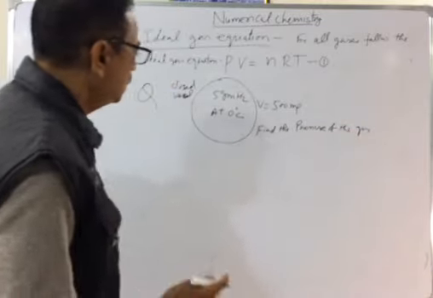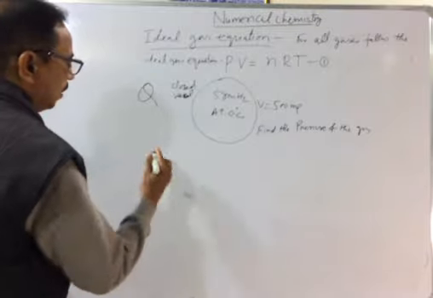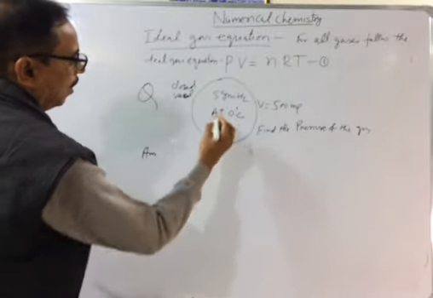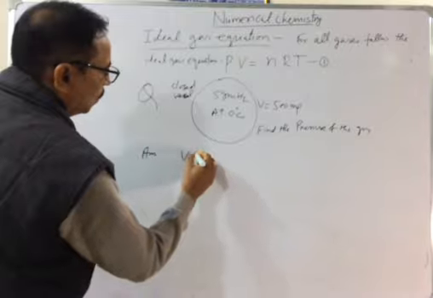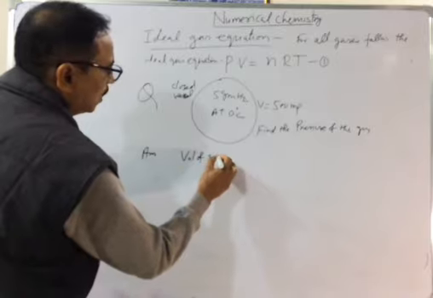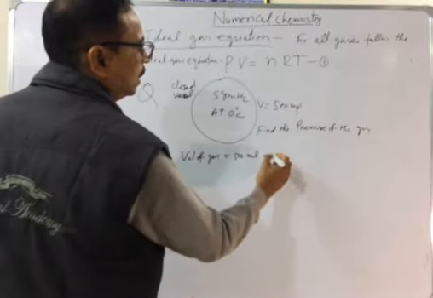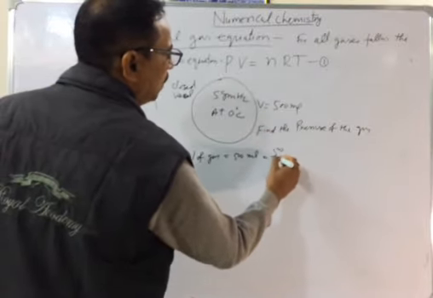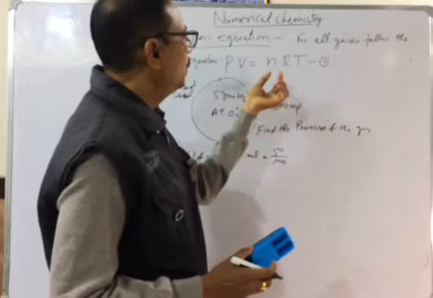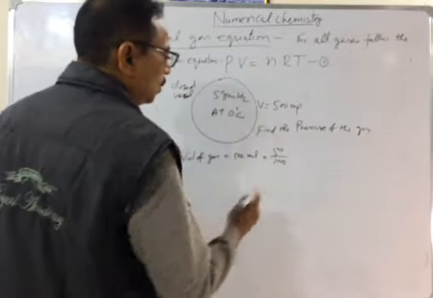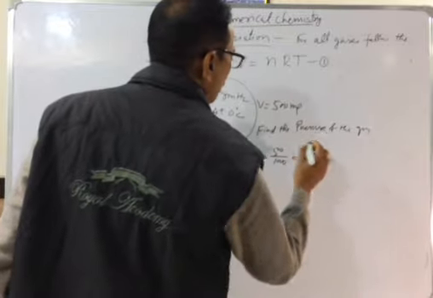So let us see what is given here. Volume of the gas: 500 ml, convert into liters, that is 500 divided by 1000, because in this equation we take the volume in liter. So 0.5 liter, this is the volume.